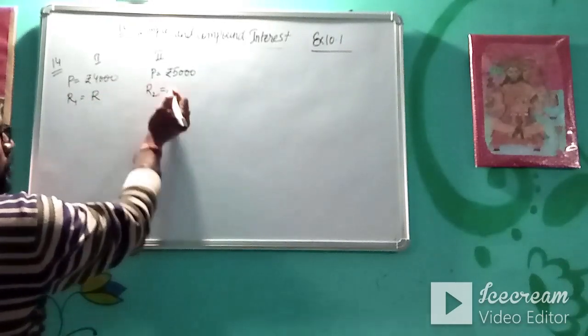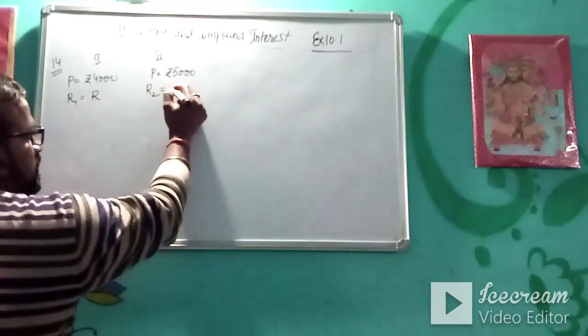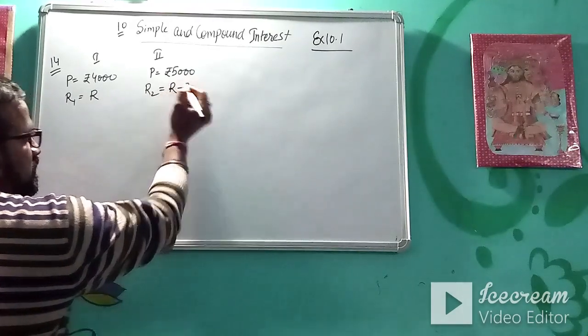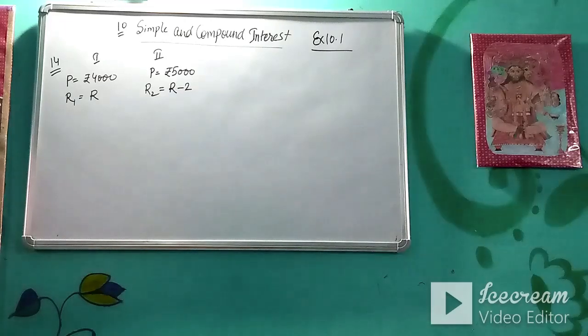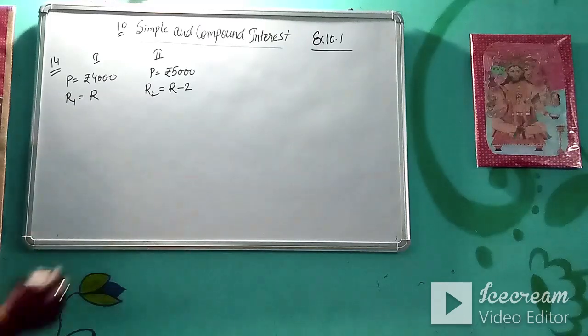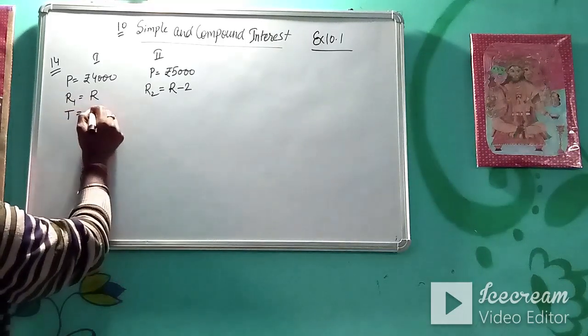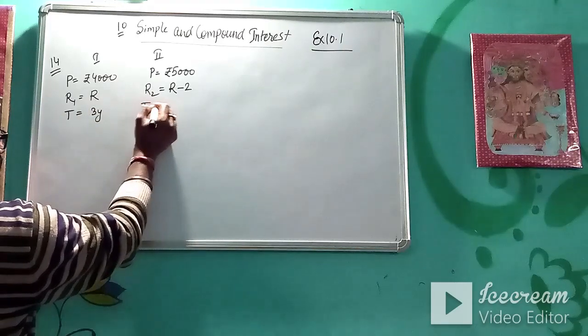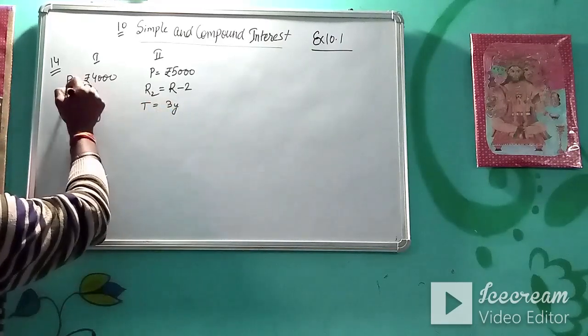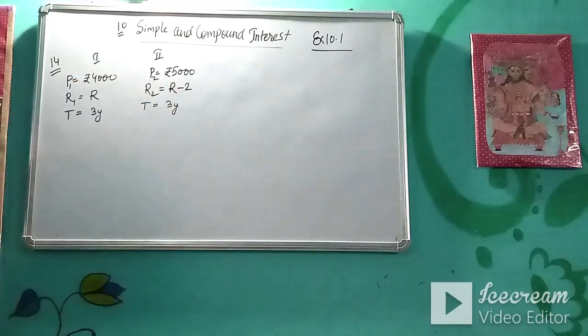Rate here will be 2% lower than the first, that is R minus 2. And if he paid in all 1050 as interest in 3 years, that means time in both the cases is 3 years. So we have to calculate the two rates at which he borrowed the money.